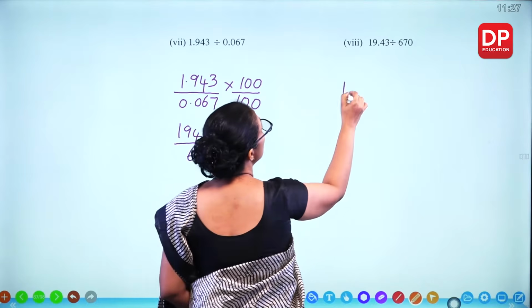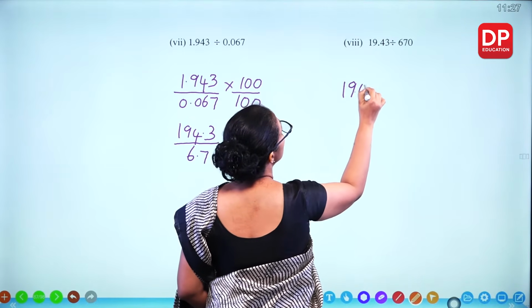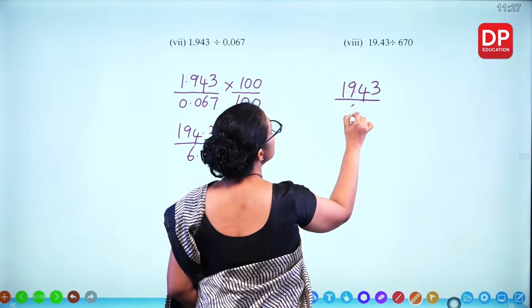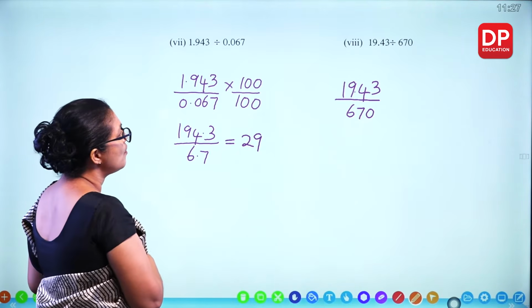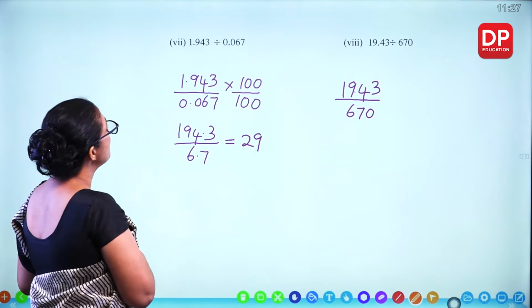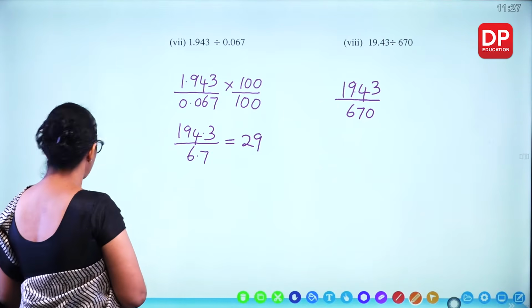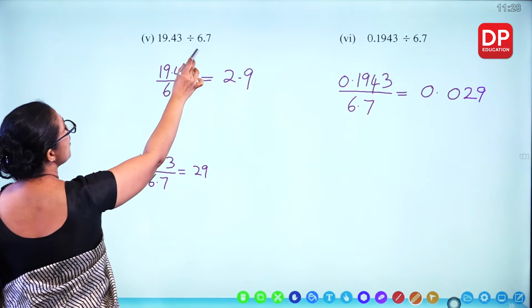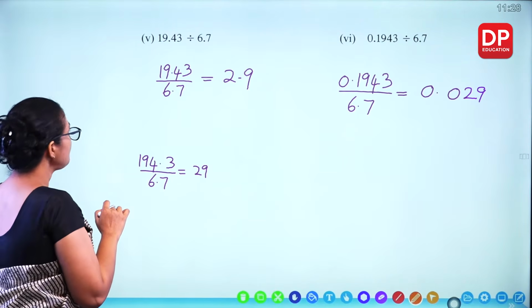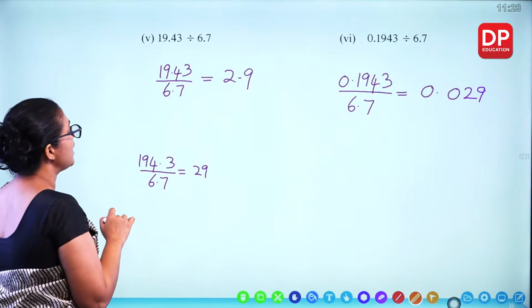This one, 19.43 over 670. Now 19.43, this one, and 6.7 is there. You got 2.9.